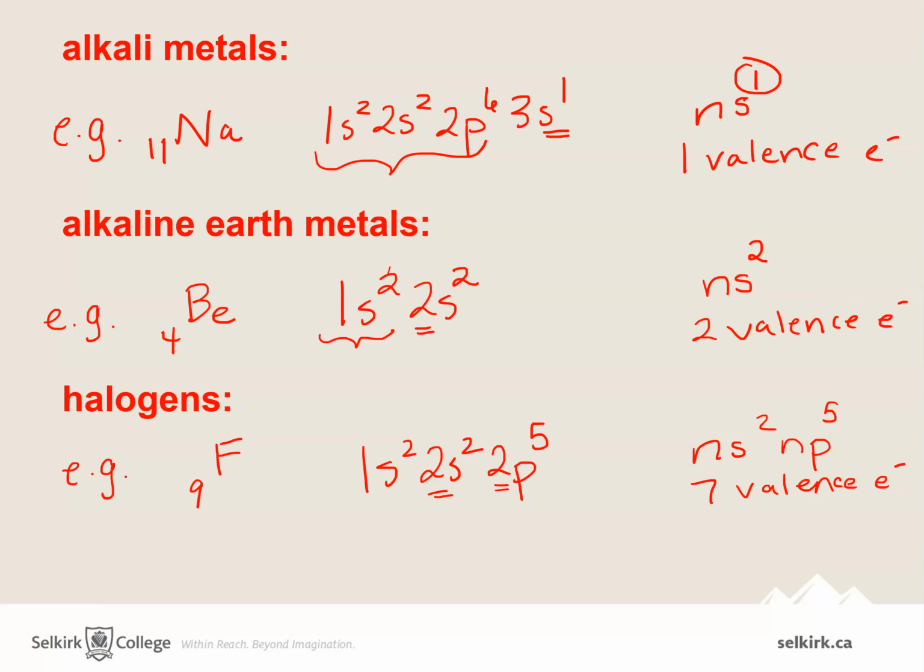That's not a stable configuration. It wants to react to get full valence levels. If it picked up 1 more electron, it would fill up that p level. What charge is on a halide ion? -1. It picks up 1 electron. Coincidence? I think not.